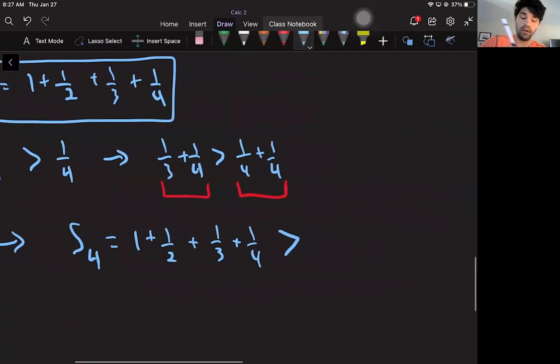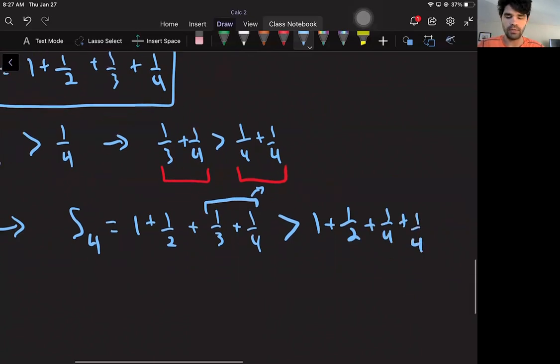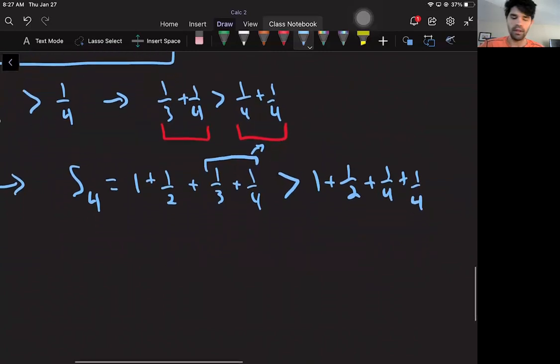So if I replace these with that, it'll be bigger than the replacement. So if I say a fourth plus a fourth instead, then it's true that the left side is bigger. And what I'm doing here is I'm going to figure out something about SK using a comparison.